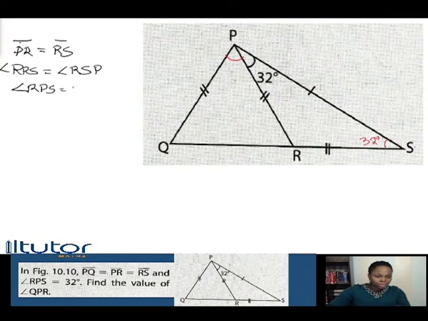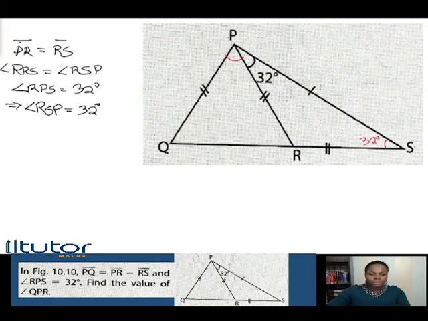Since angle RPS is equal to RSP, this also implies that angle RSP is equal to 32 degrees as well.